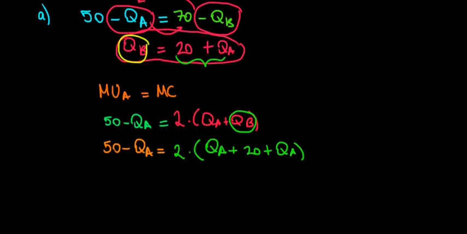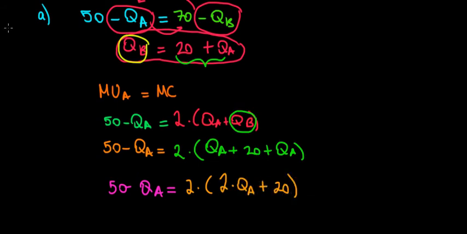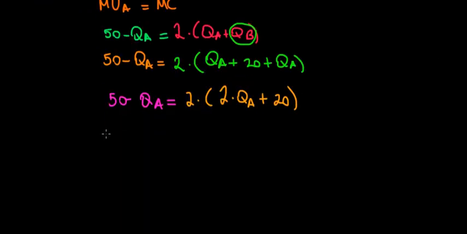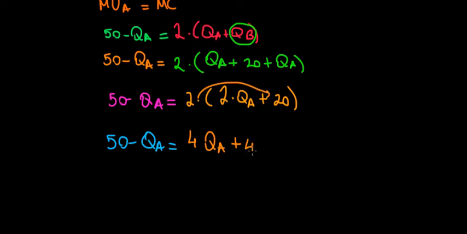So on the left side 50 minus qa is equal to, and on the right side we're left with 2 times qa plus qa, that's just 2 qa, and then plus 20. Now it's a matter of opening the brackets. So 50 minus qa is equal to 2 times 2qa, which is 4qa, plus 2 times 20, which is 40.